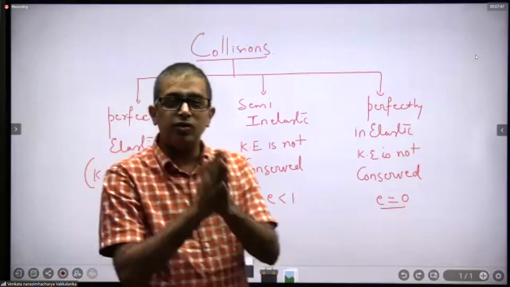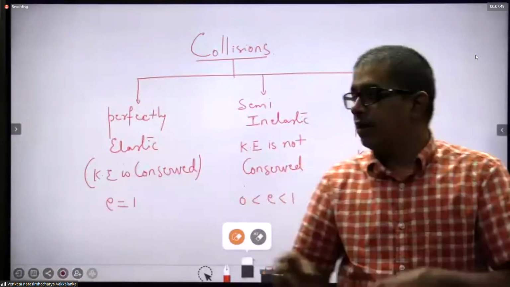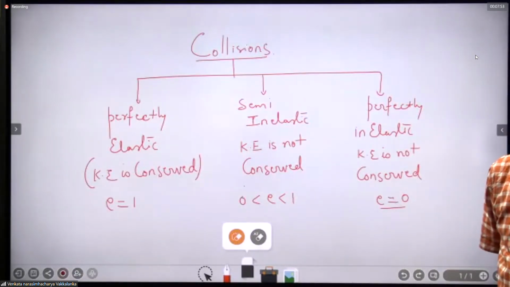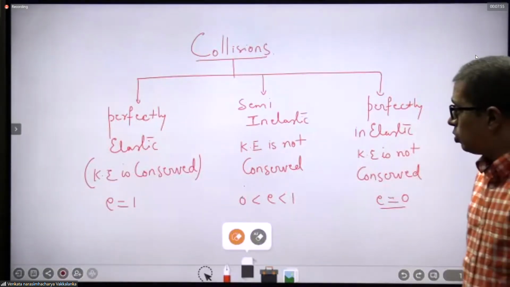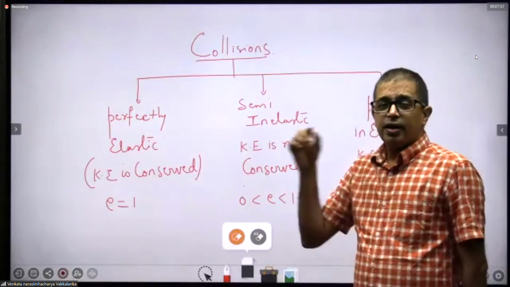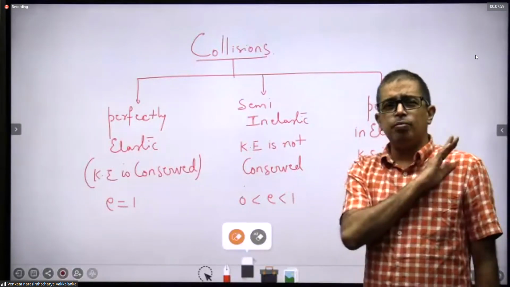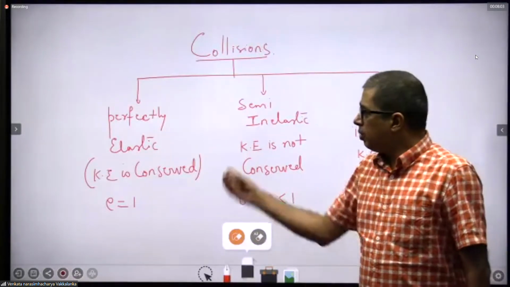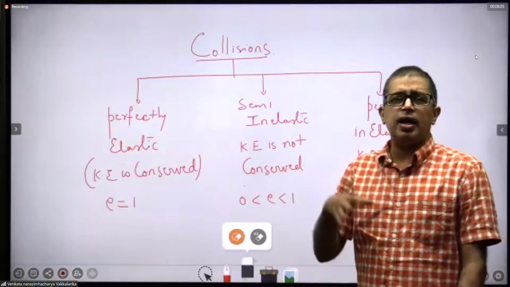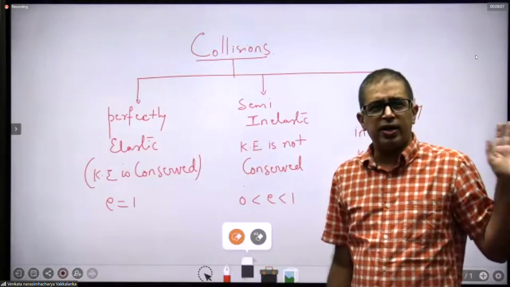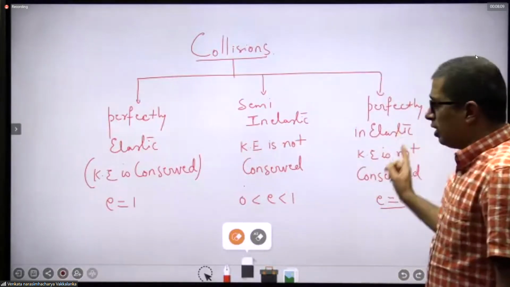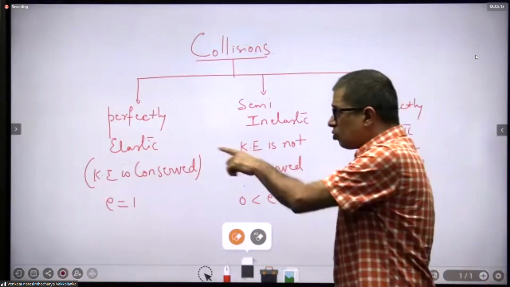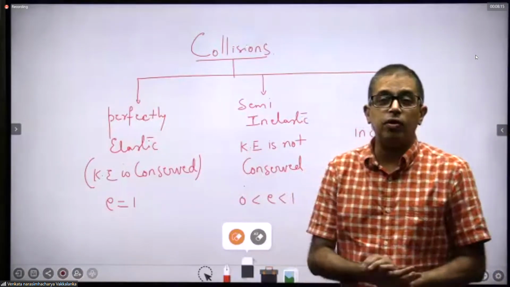Now listen carefully. You haven't said anything about momentum. The type of collision has nothing to do with momentum. It may be an elastic collision, an inelastic collision, perfectly elastic, inelastic, or semi-inelastic. Momentum conservation has got nothing to do with what kind of collision it is.